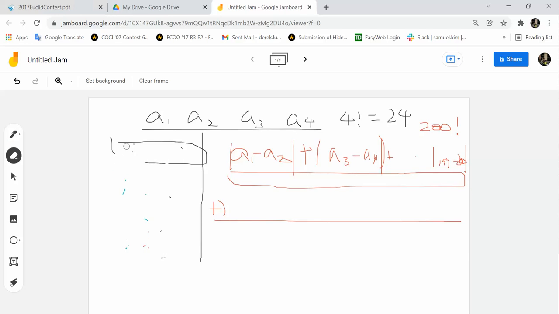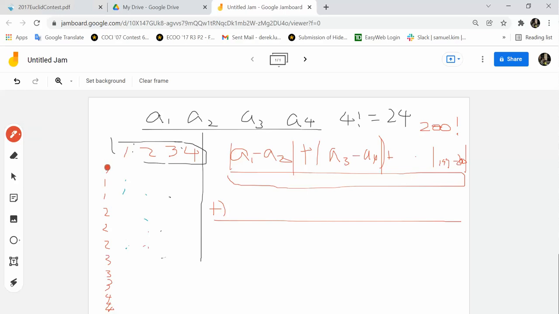So if we do permutation of 4 numbers, what do we have to do? So this 1, 2, 3, 4. Similar. First we choose 1, 1, 1, 2, 2, 2, and 3, 3, 3, and 4, 4, 4.